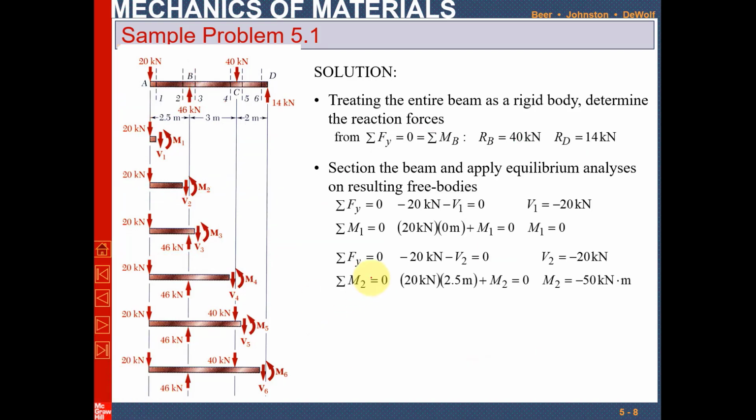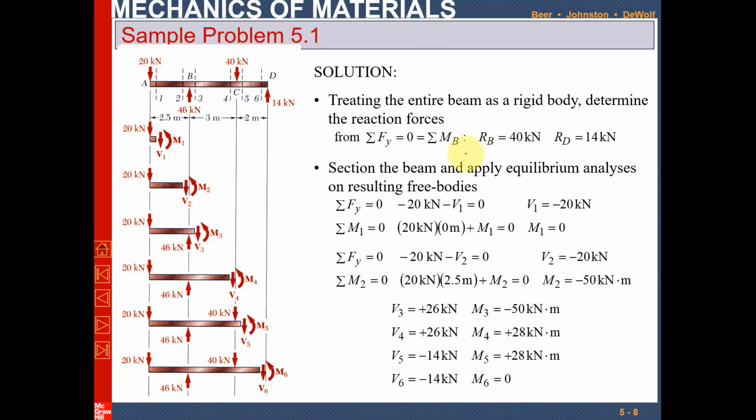Okay, so now you can see that this was V1, which is minus 20 kilonewton, and M1 was 0, because this distance is very small and approximately equal to 0. So 20 into perpendicular distance, which is 0, is equal to 0. So M1 is equal to 0.